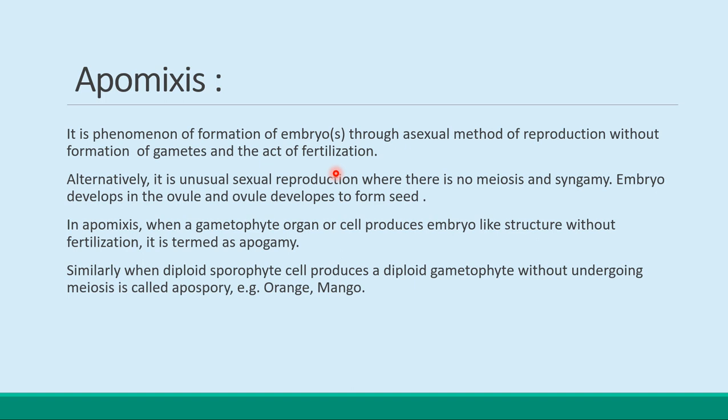So that's why we are saying that apomixis is a mode of asexual reproduction, but this mimic the sexual reproduction. There are several ways of the development of the apomictic seeds.